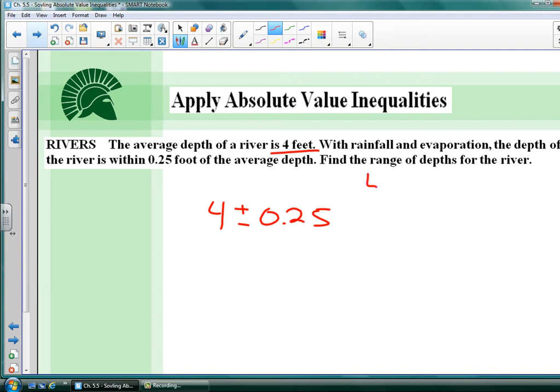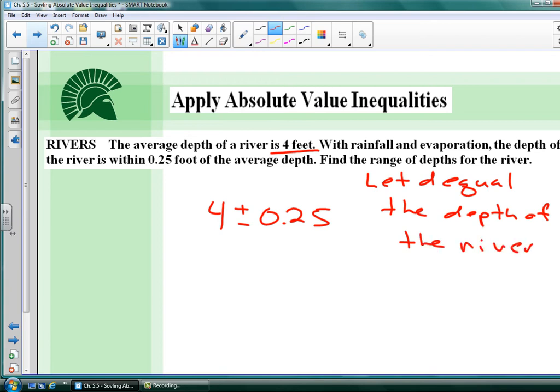So I'm going to write my let statement, because that's how we do word problems. Let D equal the depth of the river. That's what D is equal to. So I'm going to use the letter D, and that D is equal to the depth of the river.